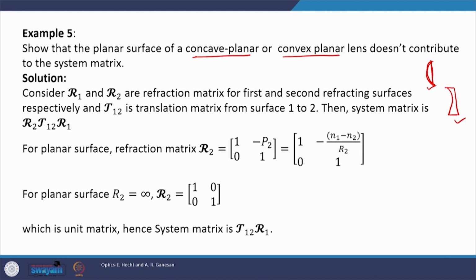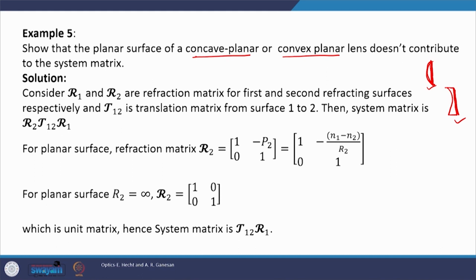Now it says that we will have to show that this straight edge, this planar surface, will not contribute to the system matrix, or alternatively, that the planar surface is represented by a matrix which is a unit matrix.